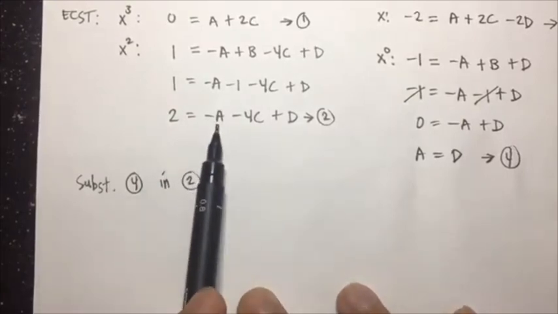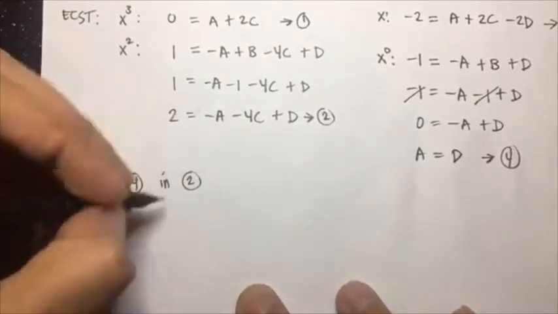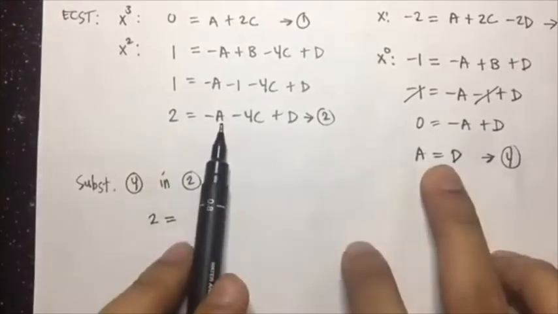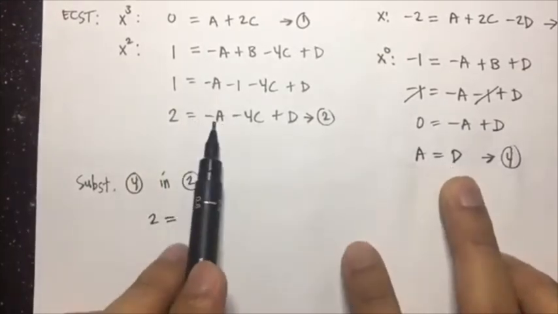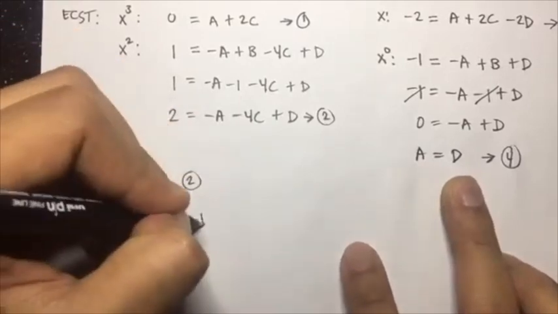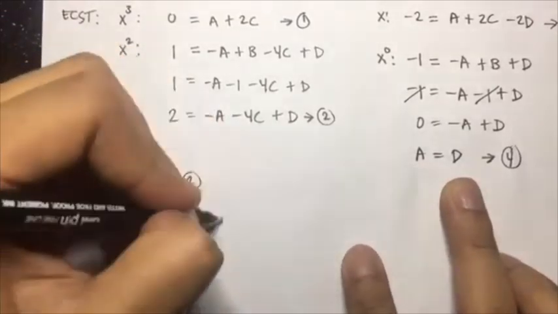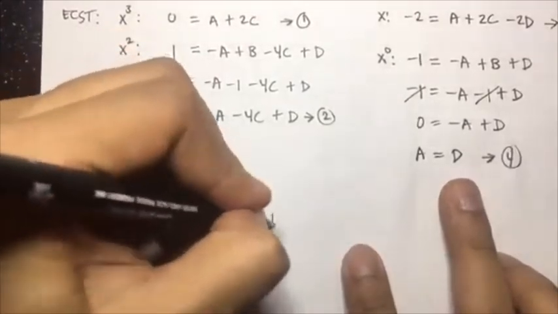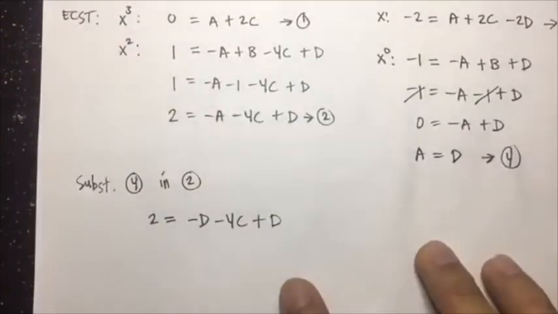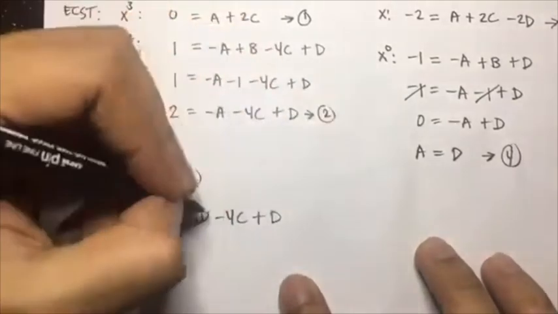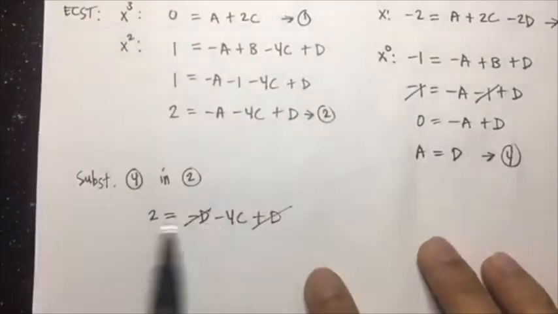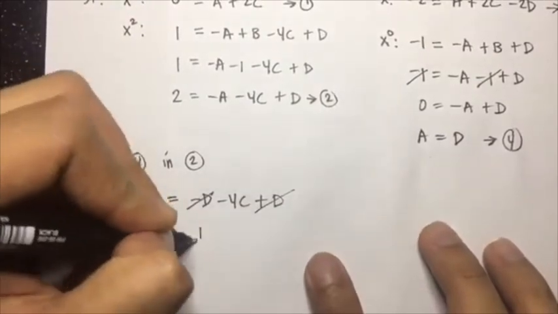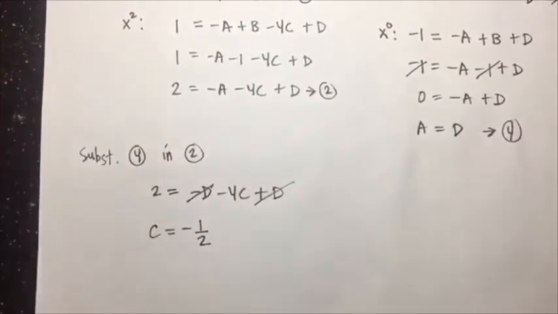So we will have 2 is equal to, since a is equal to d, then negative a is equal to negative d minus 4c plus d. So therefore, we can cancel d. Then dividing both sides by negative 4, we will have c is equal to negative 1/2.